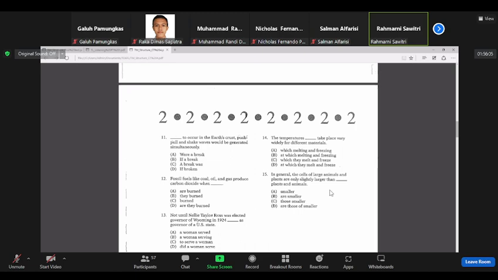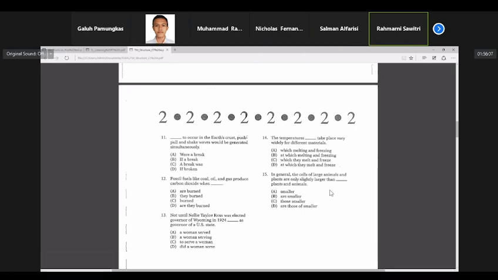Jadi ini memang it's a bit tricky because the if is removed. So the correct one is A. Awalnya dari apa? Awalnya if a break were to occur. So that if a break were to occur in the Earth's crust, but then if-nya is omitted, and then we have inversion. Susun balik. The verb comes before the subject.